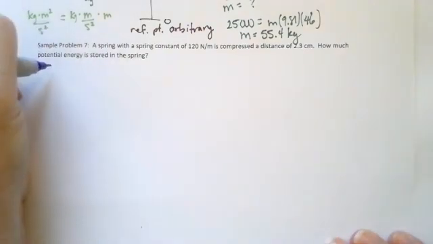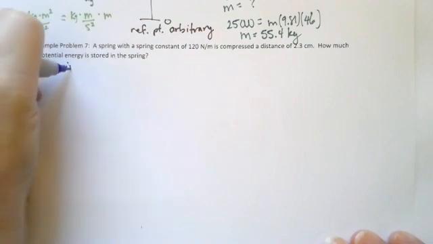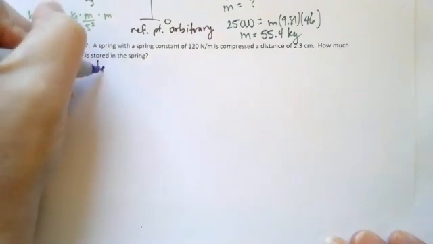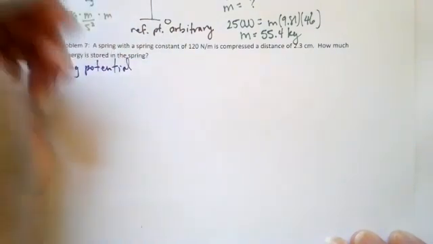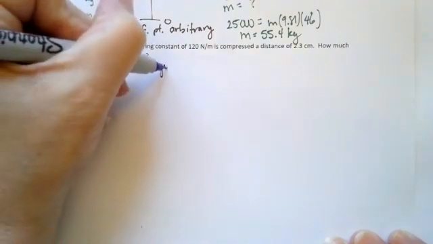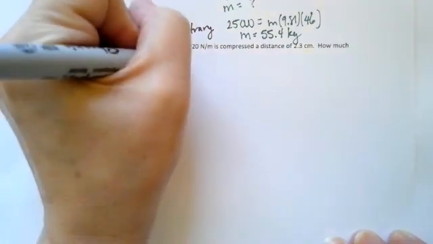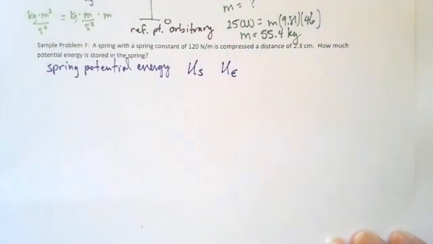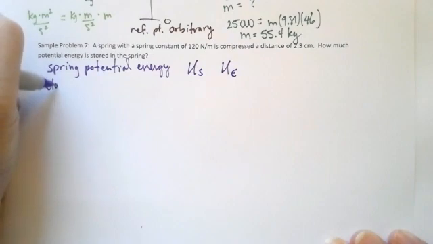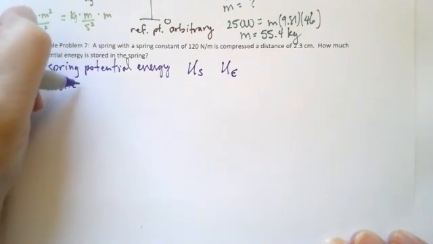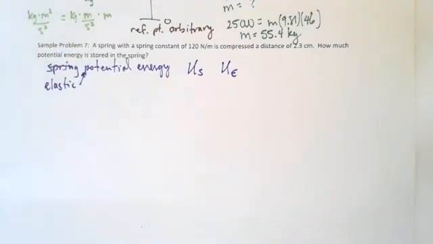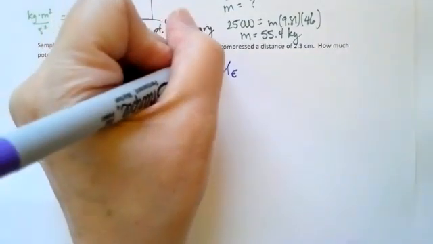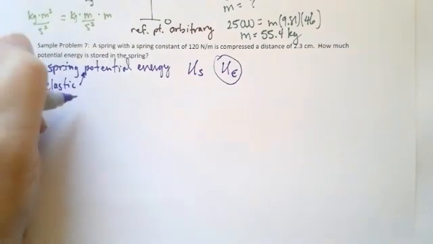So spring potential energy is going to be U sub S or U sub E, because it's also called elastic potential energy. Actually, that's more common than spring potential energy, and this is the more common term that you're going to have, U E.